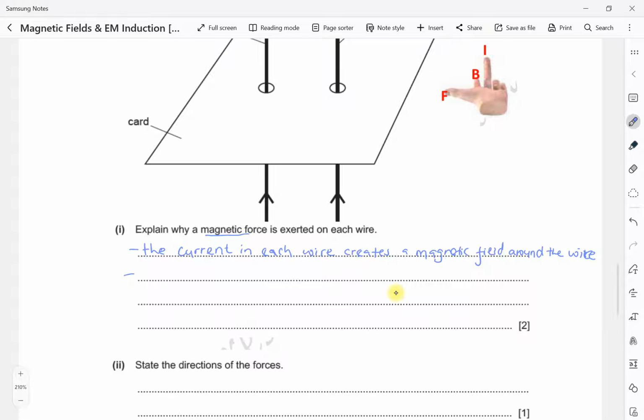And each wire sits in the magnetic field created by the other wire.